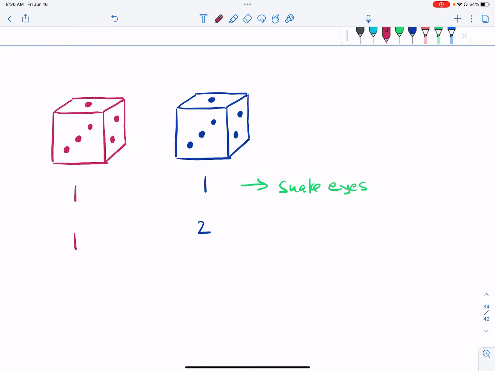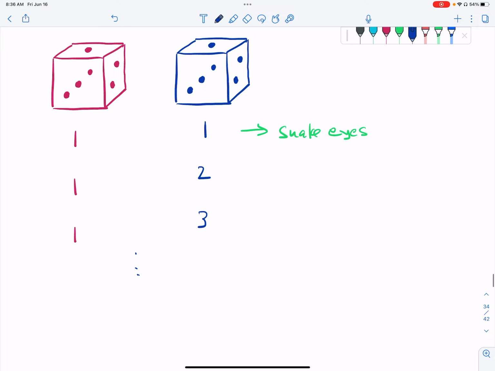And I could go with the number 1 on red and the number 3, and then so on. Some people do this like this. I have the number 1 on the red die, and then you just go, that can be paired up with the number 1, 2, 3. I think it's called like a tree diagram or something like this. 4, 5, and 6, right? And you can count up all those different ways.